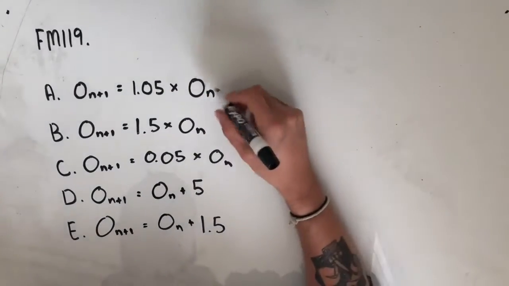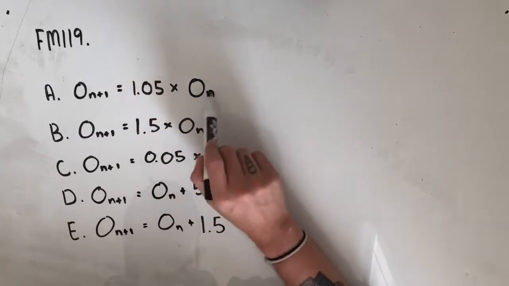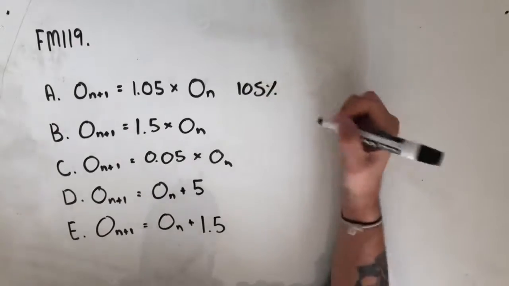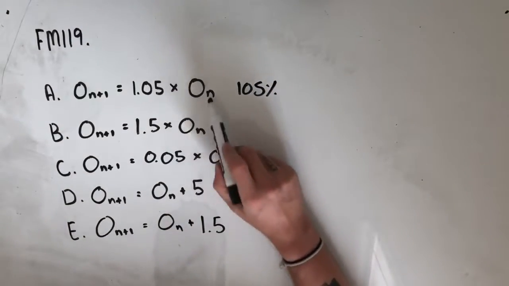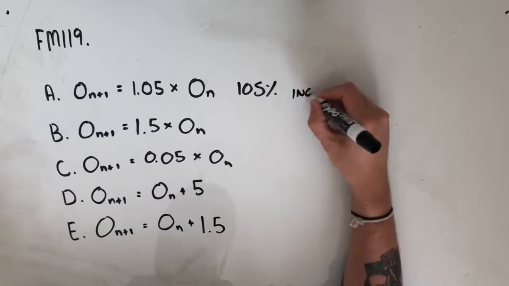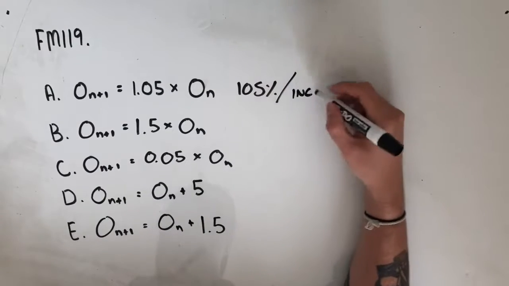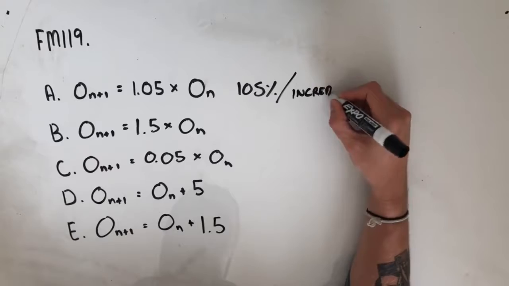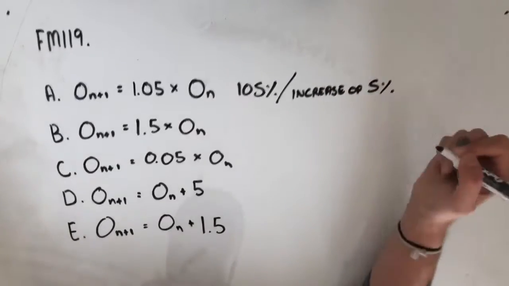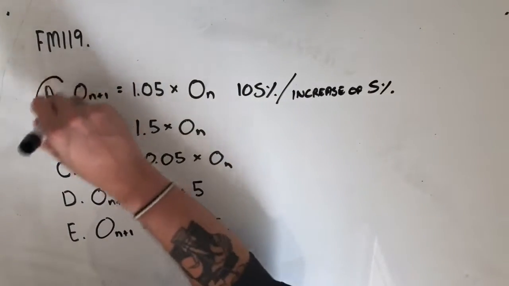The way that works is that 1.05 times O_n is going to give us 105% of the number that we had originally, which is an increase of 5%. So already that's looking like our answer.